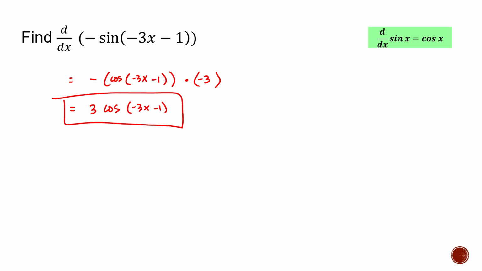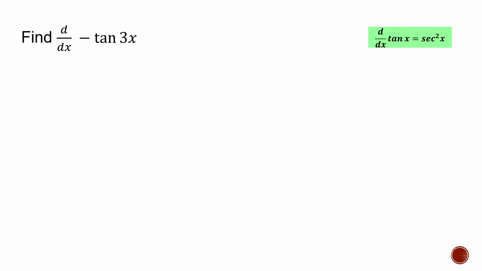Alright, let's go to the next one. Okay, so here we have negative tangent 3x. The derivative of tangent x is equal to secant squared x, so that means this is equal to negative secant squared 3x times the derivative of 3x, which is 3.